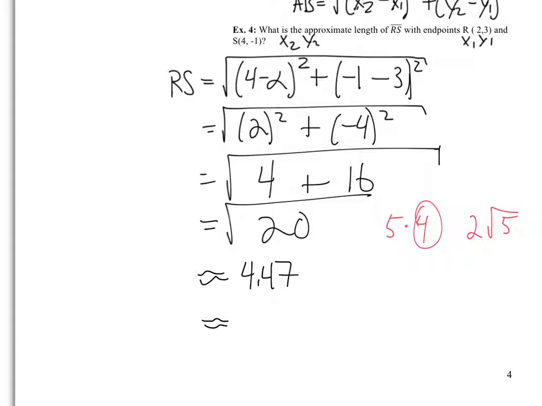We can only do that when we break out perfect squares. So some people like the answer like this, some people like the answer like this. For right now, I'm okay with the first one, 4.47. They're both technically right, it's just what they're asking. Do they want you to put it in decimal form or not?